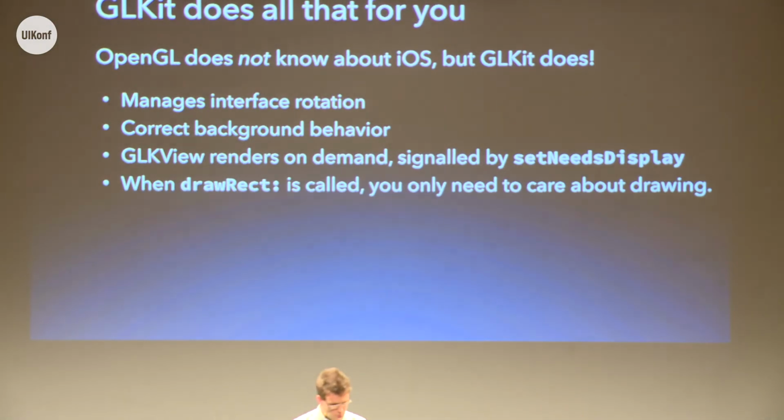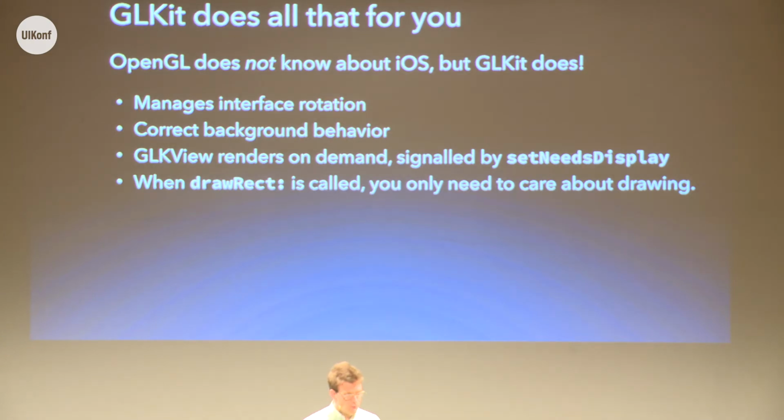But I have some good news for you, and that is, if you're using GLKit, which I really think that you should, then all of those things will be managed for you. And one thing that is even more impressive is that GLKit fits OpenGL into the view controller semantics that we as iOS developers are very used to.